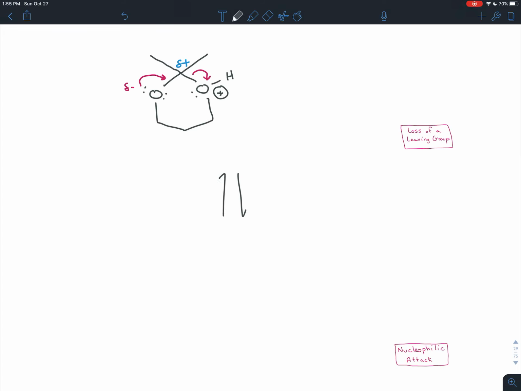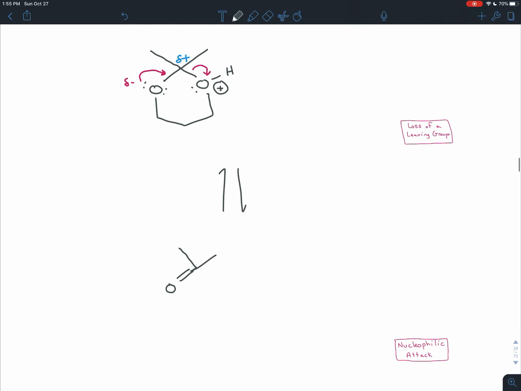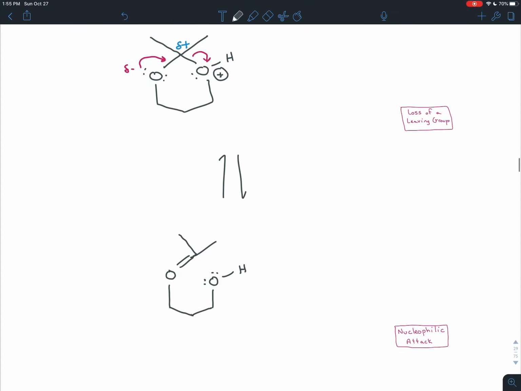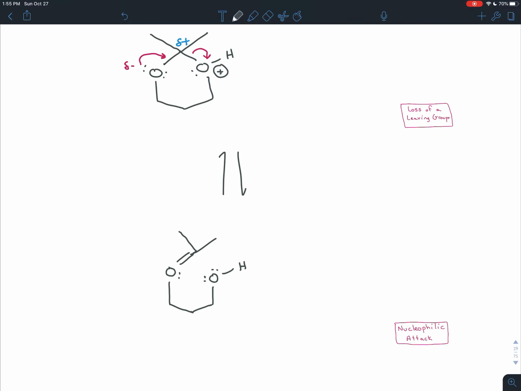When that leaves, we end up with the oxygen here now having a double bond to the carbon. The carbon has the 2 carbons there. This oxygen will still have these, but the oxygen on the other side is just an OH. So that's the sort of strange-looking molecule that we formed.